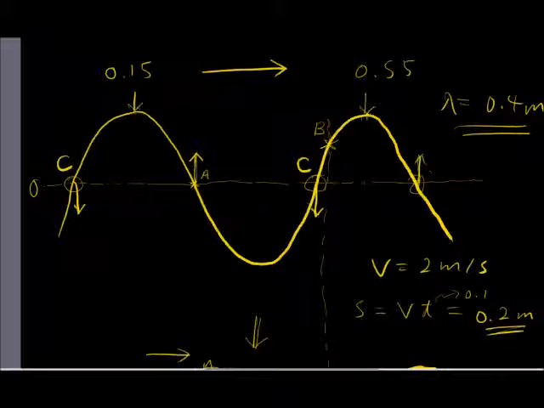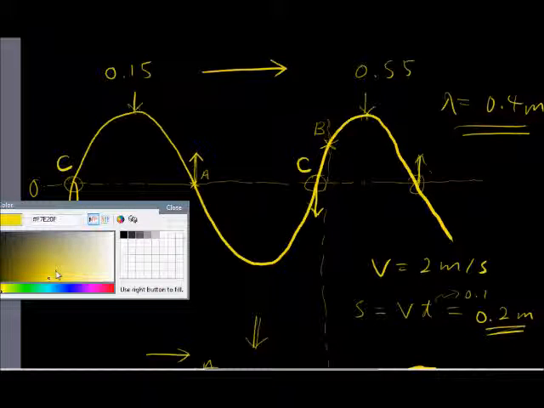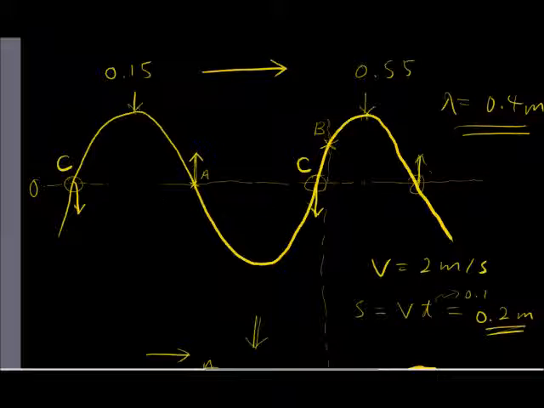Alright, on figure 4.1, draw the new position of the wave for time t equals 0.1 second. Let's make it a new color. The new position would be something like this, because the entire waveform has propagated by 0.2 meter.